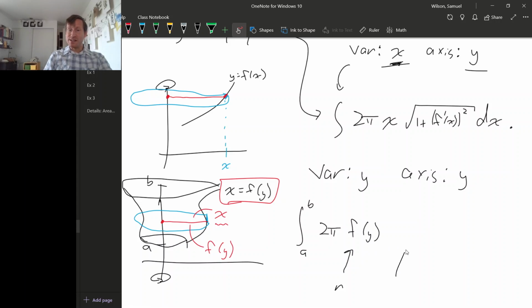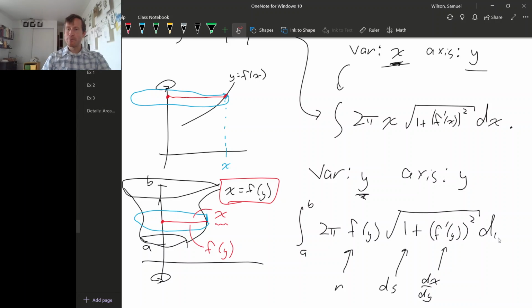And now we need to write ds, but if our independent variable is y, then ds is the square root of 1 plus dx/dy squared. If x is f of y, then dx/dy is the derivative of this, which is f prime, so f prime of y squared times dy.